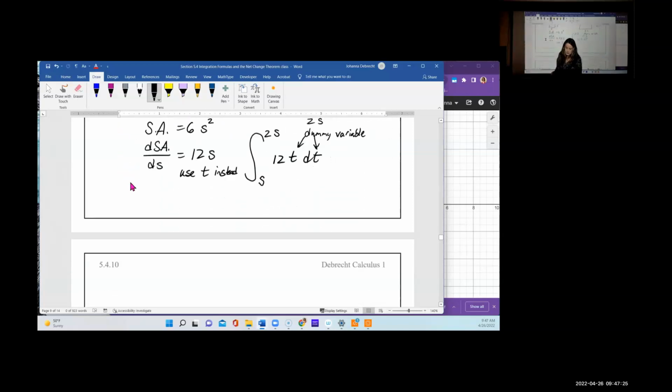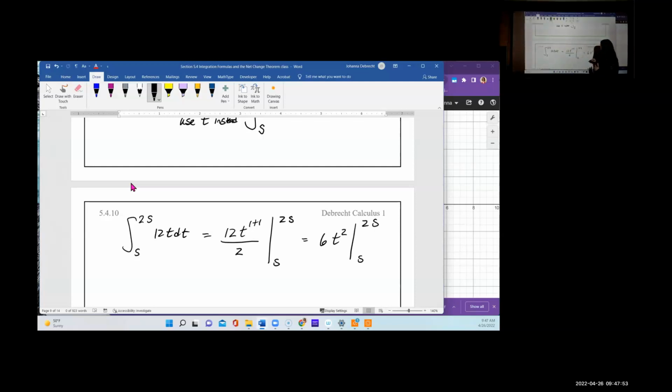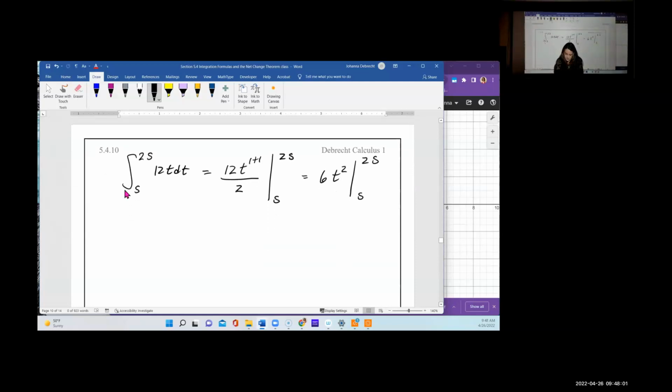So when we integrate from S to 2S of 12T dt, we apply the power rule. So we have 12 t to the 1 plus 1, divided by that, which is 2, evaluated between S and 2S. So this is 6t squared evaluated between S and 2S. So we're going to replace the t with the limits of integration and then subtract the upper minus the lower.